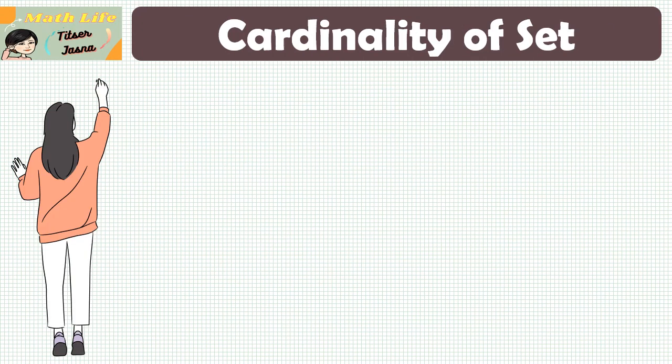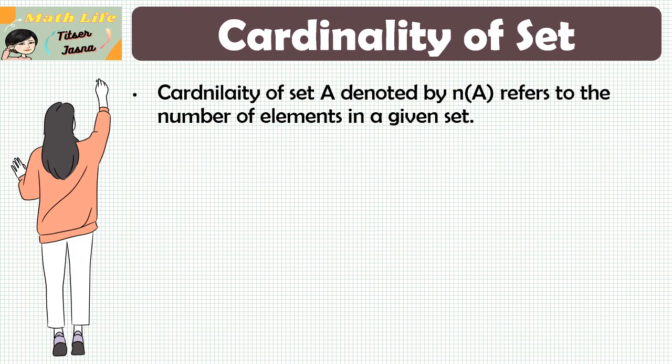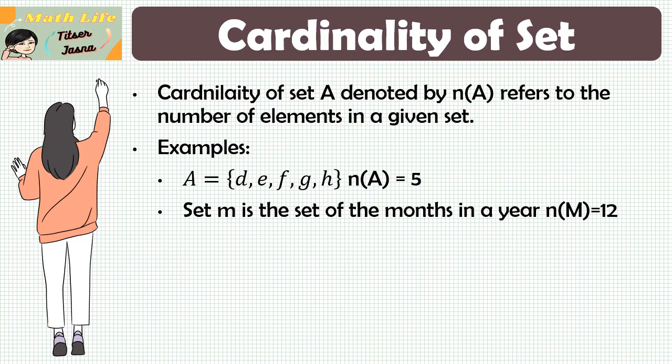And last, we need to talk about the cardinality of a set. The cardinality of set A, denoted by the notation n(A), refers to the number of elements in a given set, or we can read it as the cardinality of A. So let's have an example.